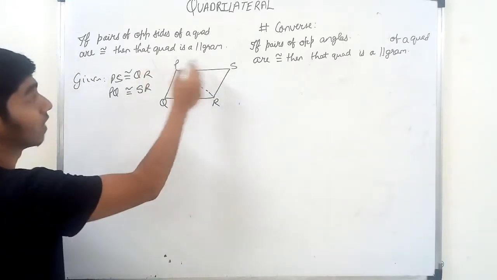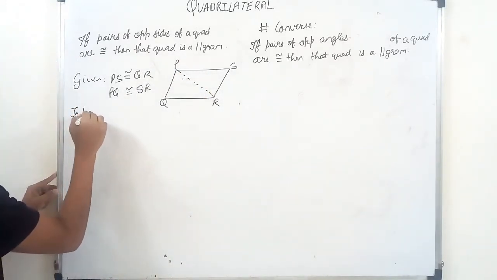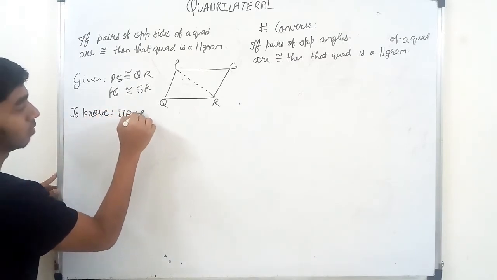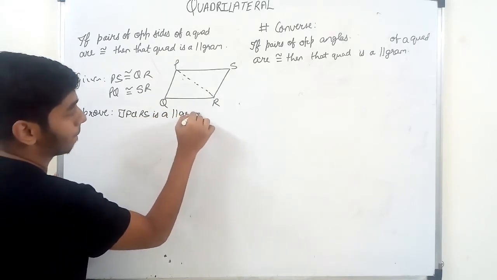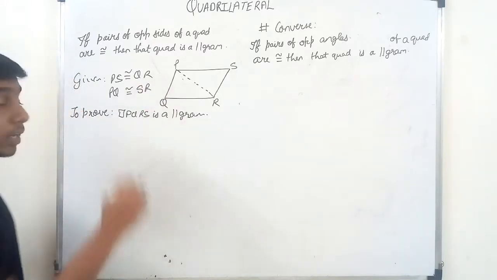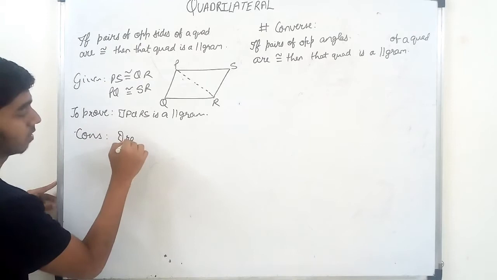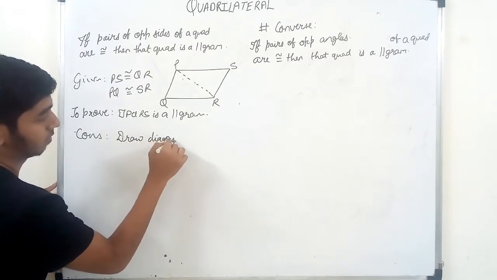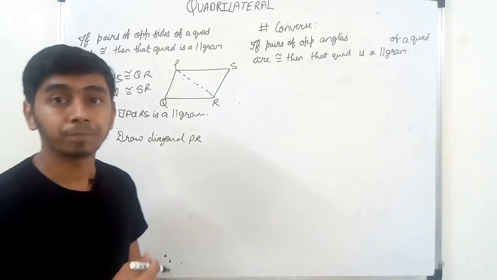We are supposed to prove that quadrilateral PQRS is a parallelogram. So here we'll do a construction: draw diagonal PR.